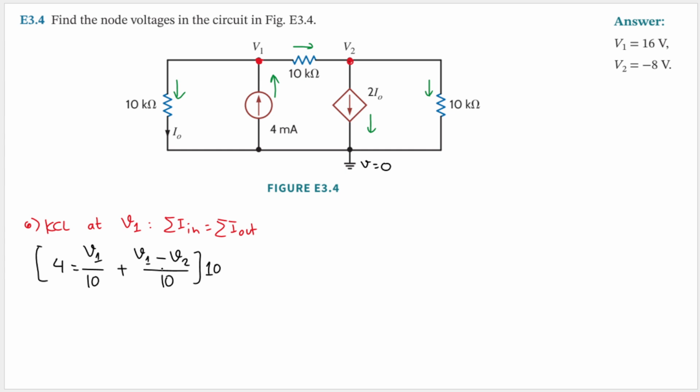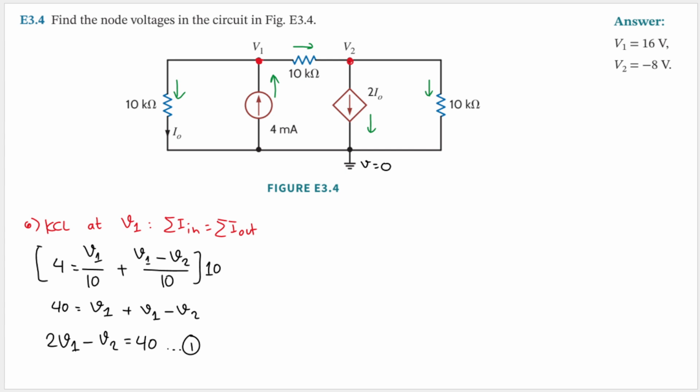So we'll have 40 on the left hand side, and then this one will be V1, and this one will be V1 minus V2. So we will have 2V1 minus V2, and that will equal 40. Nothing that we can do further. So let's save this as equation number 1.